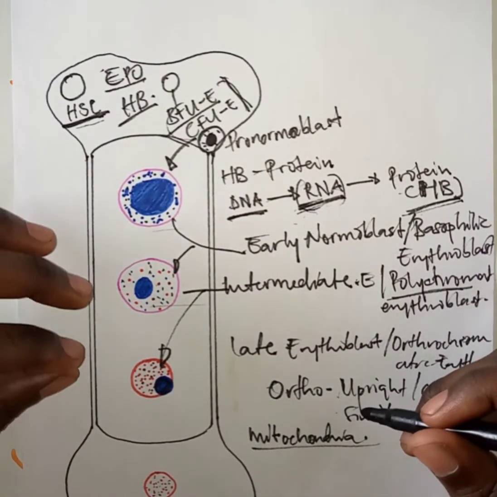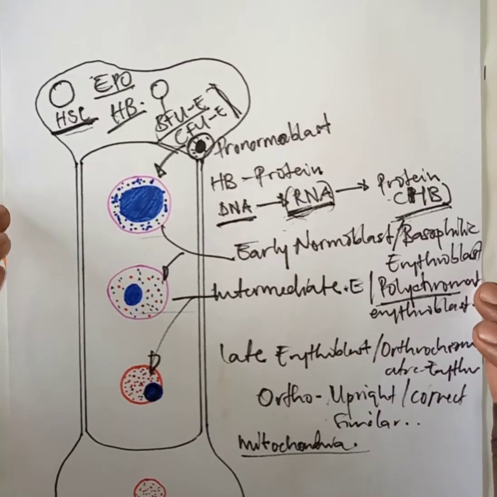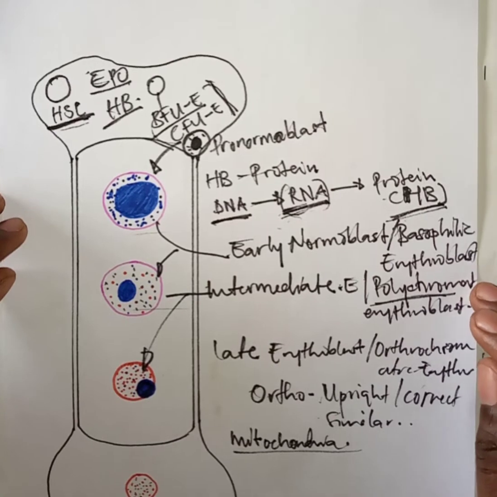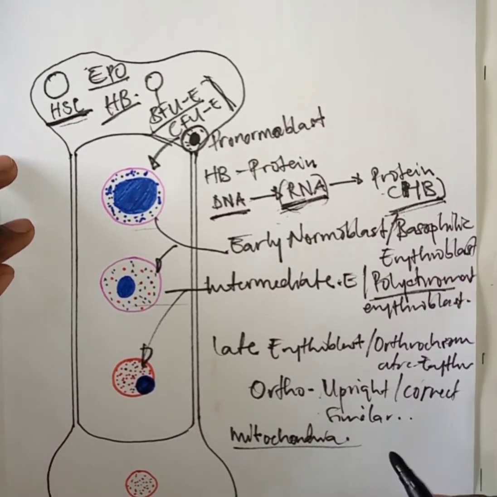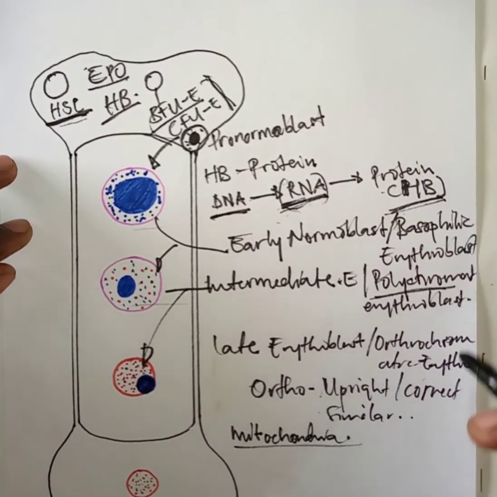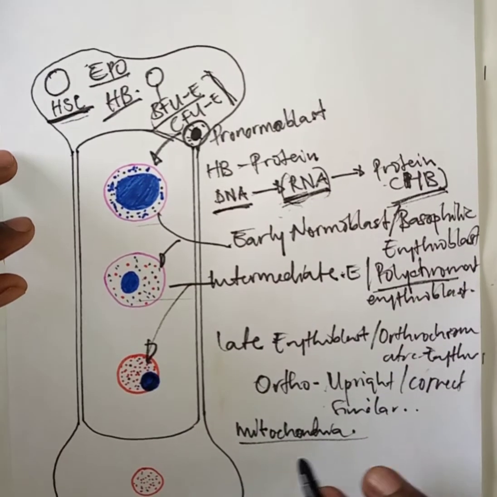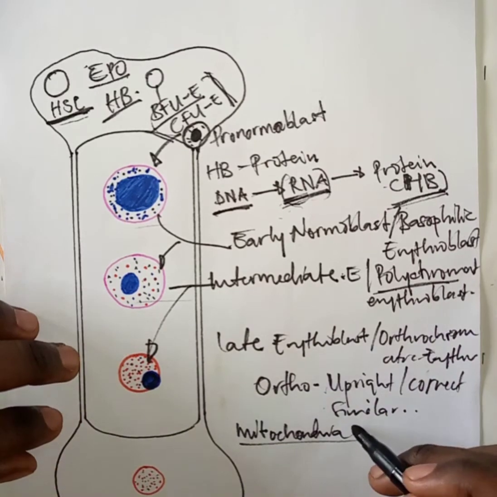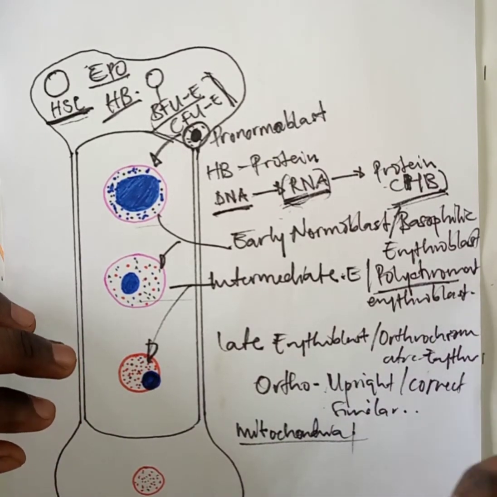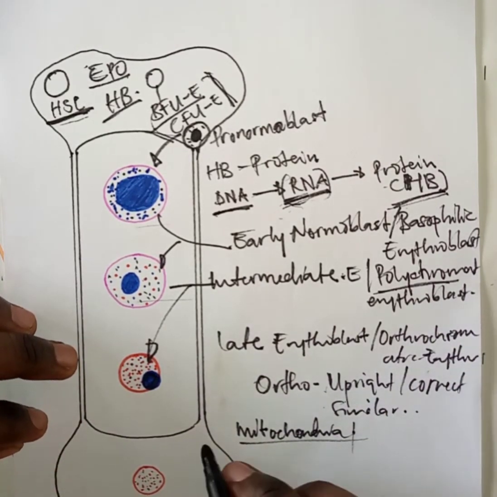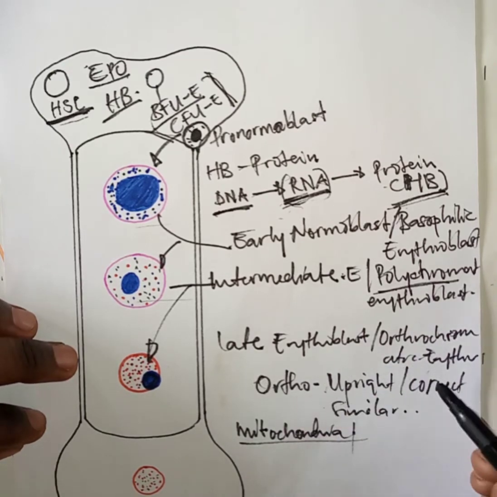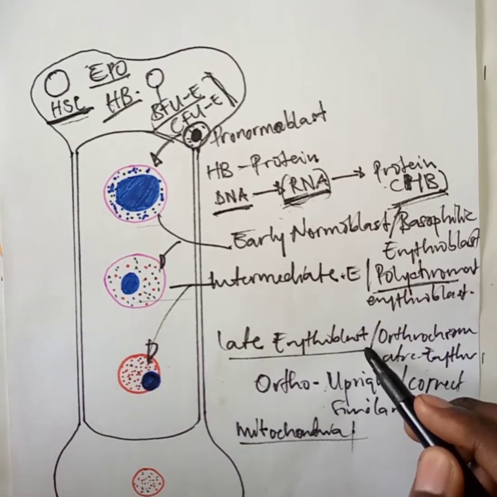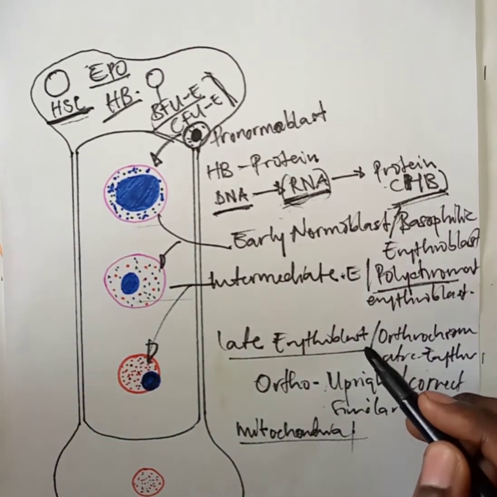Then the mitochondria is a major element of oxygen consumption, so we don't need it in the cell because the cell is purposely being made for oxygen transportation around the body. So the mitochondria is removed. It has a series of events in it that utilize oxygen. So the late erythroblast is now getting rid of the nucleus and the mitochondria.